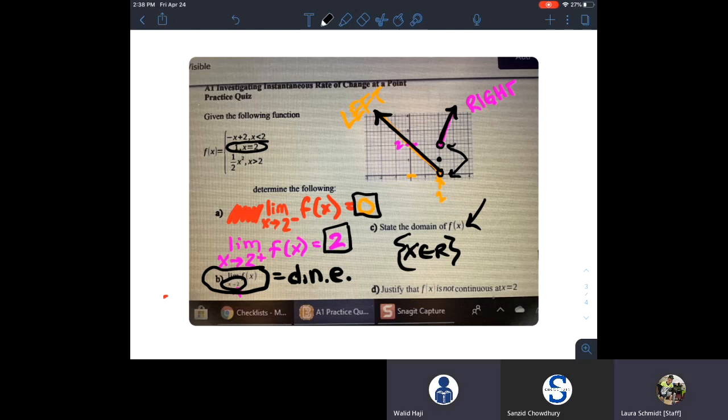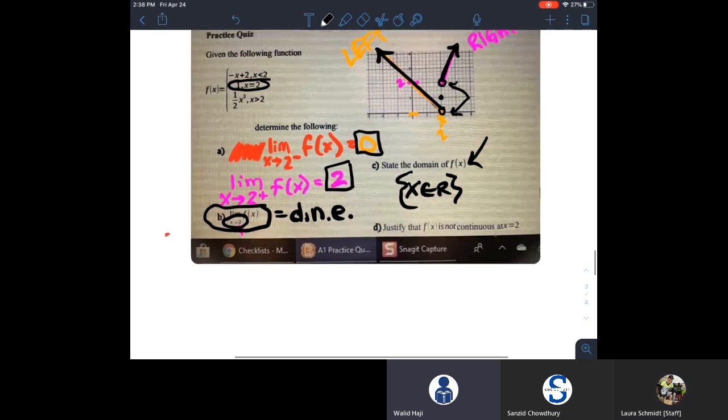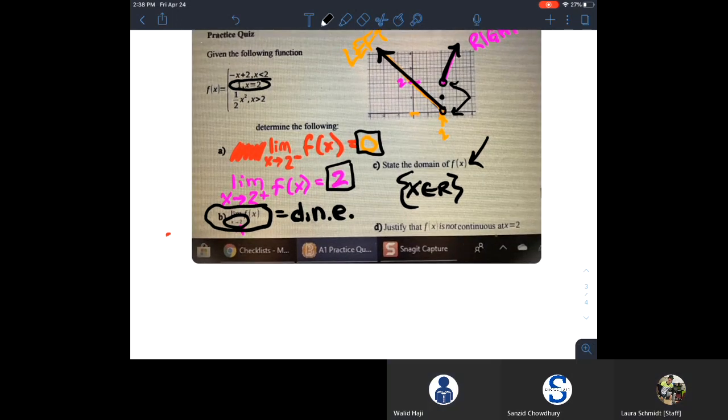For D, it says justify that f at x is not continuous at x equals 2. If you have to prove that a graph is not continuous, then basically you just have to show that its limit as x approaches 2 of f of x is not equal to the value at 2.